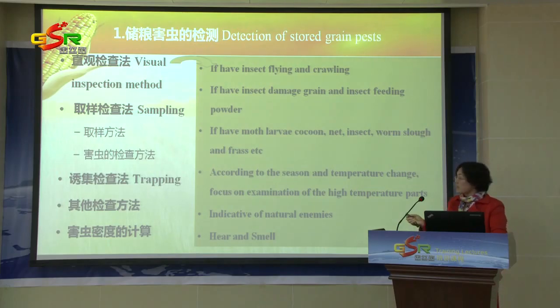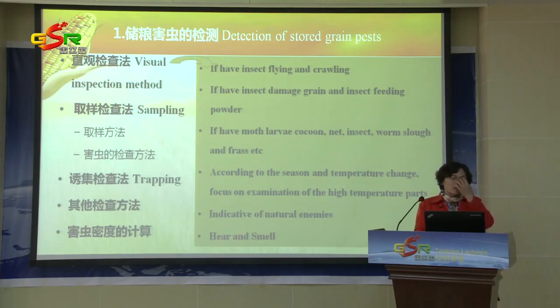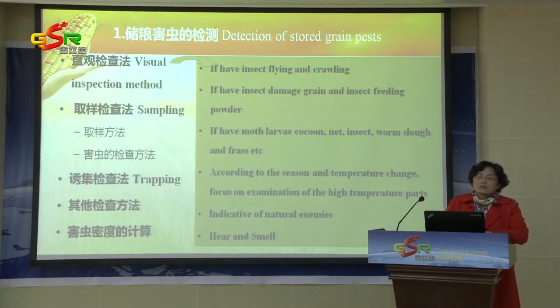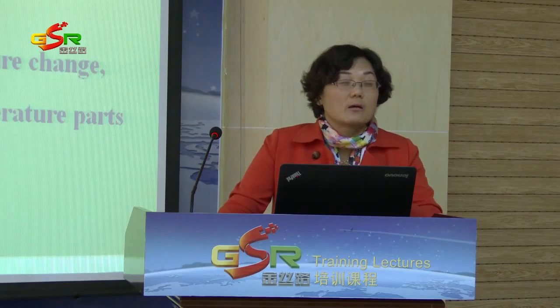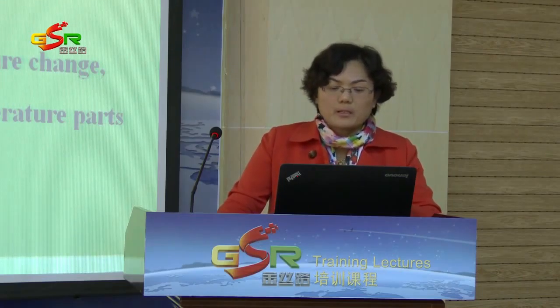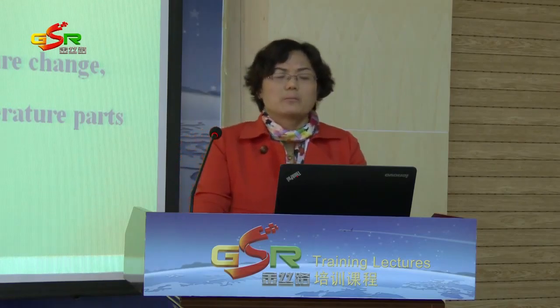Sometimes we can judge from the smell or the hair or the noise. So we can hear and smell. You can check the smell, you know, after the post harvest it has a fragrance. But if you have insects, the smell is a bad smell.